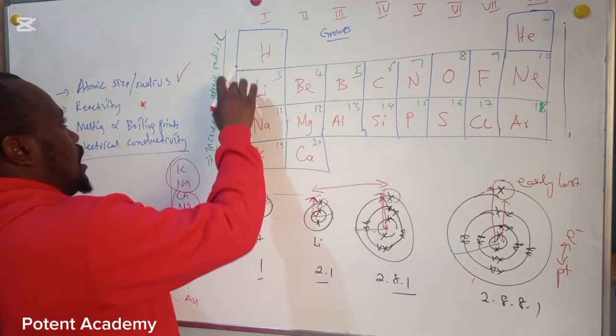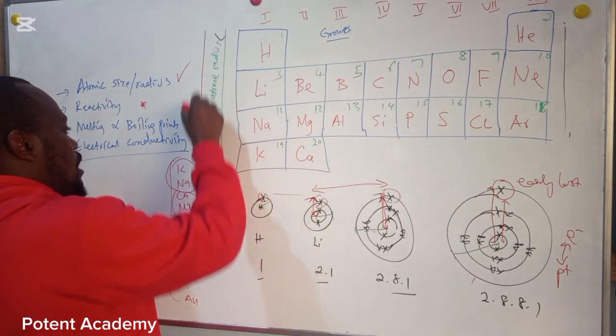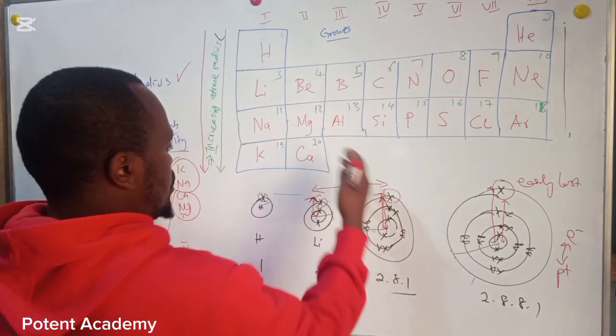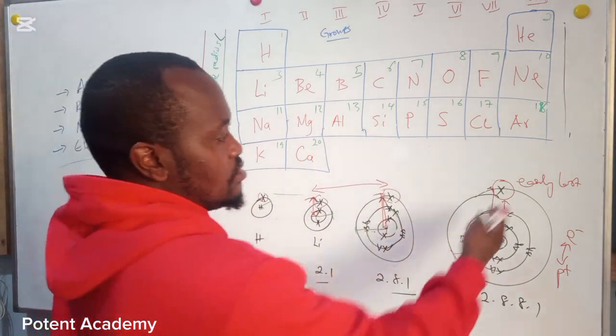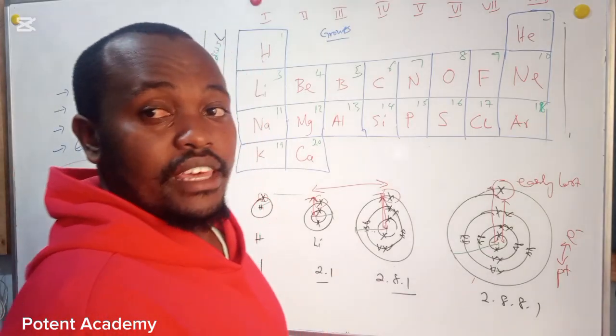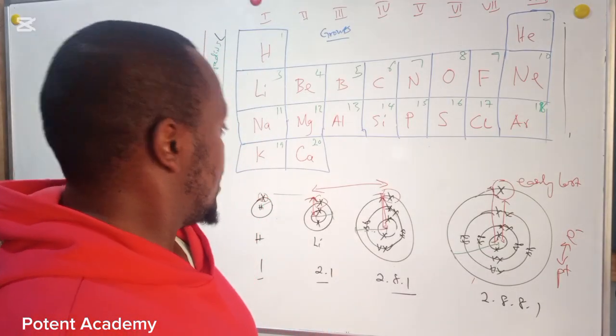So, what have we said? When you are going down, this is more reactive than this because it has a larger radius and therefore easily loses the outermost electron, the electron on the outermost energy level.